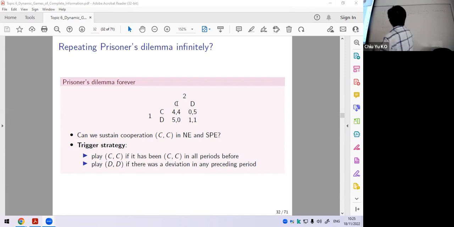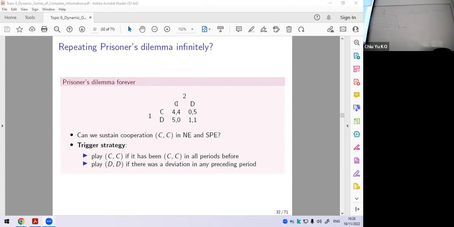So 4-4 is a feasible outcome, and 0-5 is a feasible outcome, and 5-0 is feasible, and 1-1 is also feasible. If you allow mixed strategy, this is the set of possible outcomes.